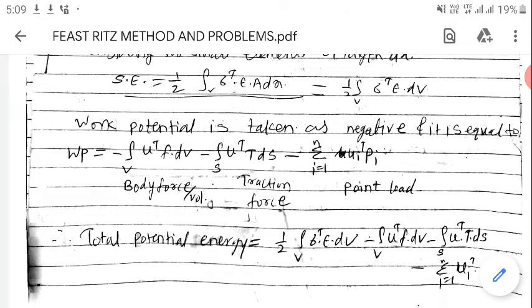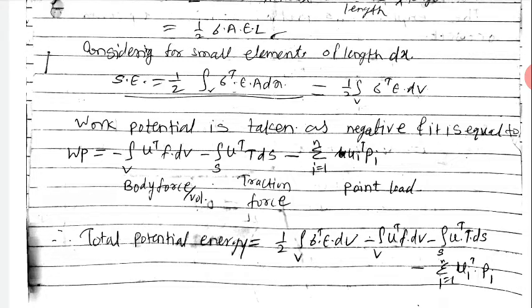So what are the terms we can see over here? The first term, that is minus integration of u transpose f dV, is the body force per unit volume. As it is integrated with respect to dV, we can say it is per unit volume.